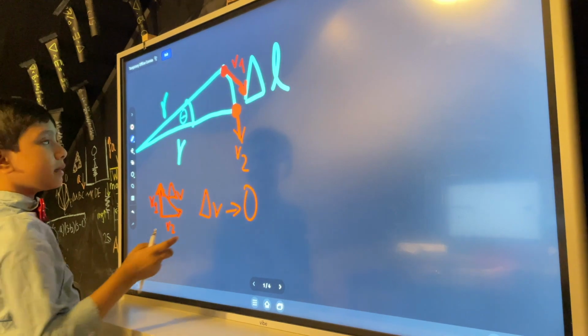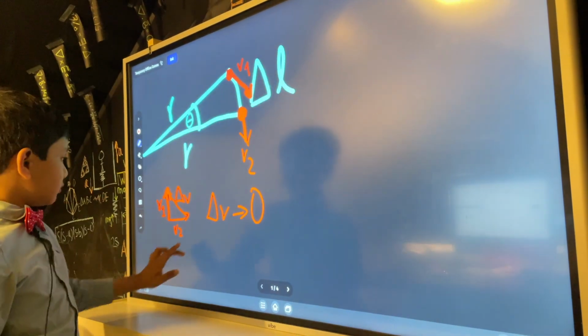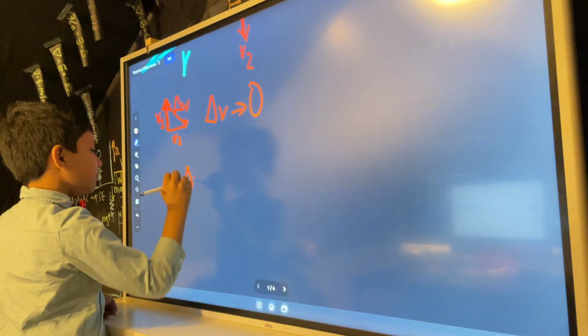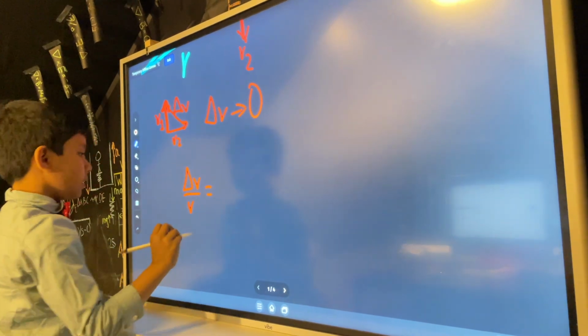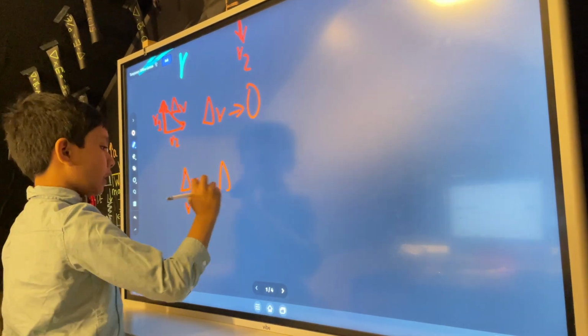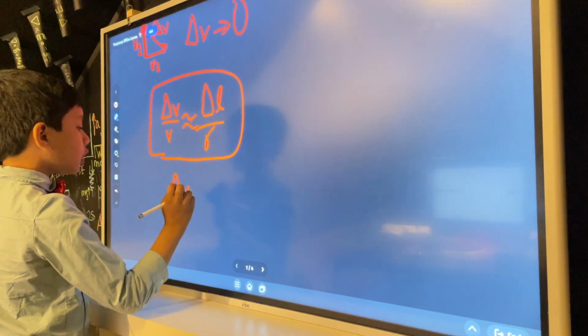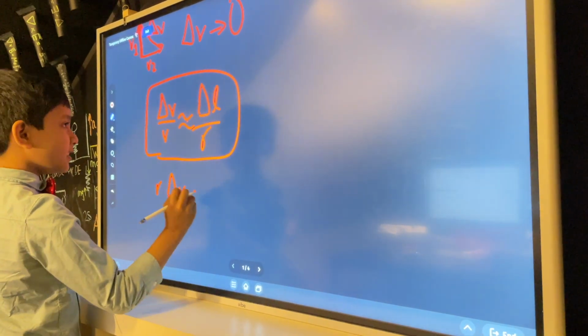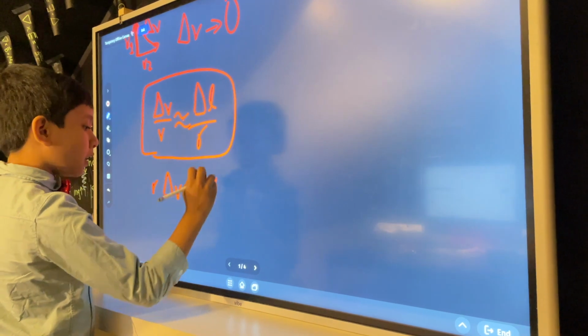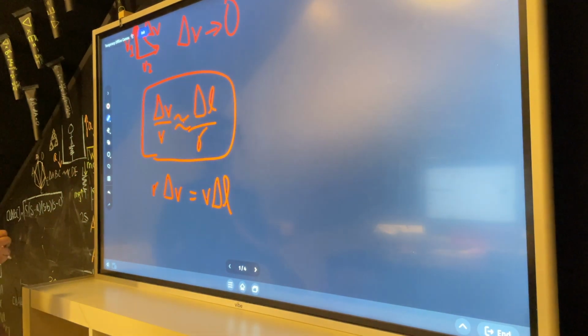Thus, we can make an argument, since these are similar triangles, that delta V over V is equal to delta L over R. Delta V times R is equal to delta L times V.